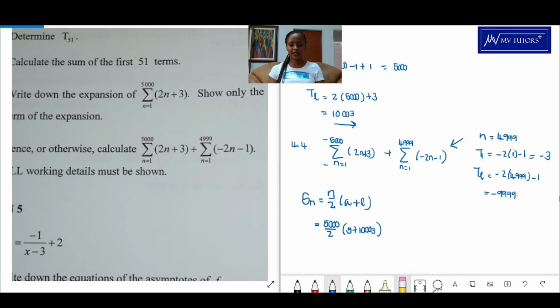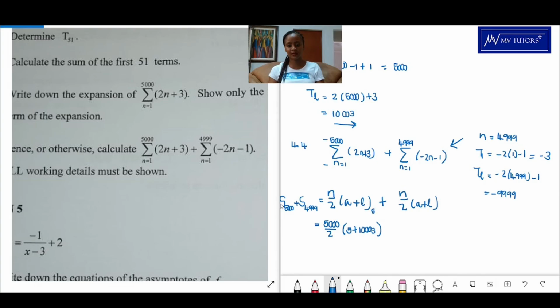So I can then use this formula. I should have put it this way: S for 5,000 plus S for 4,999, which will also be equal to n over 2 times a plus l.